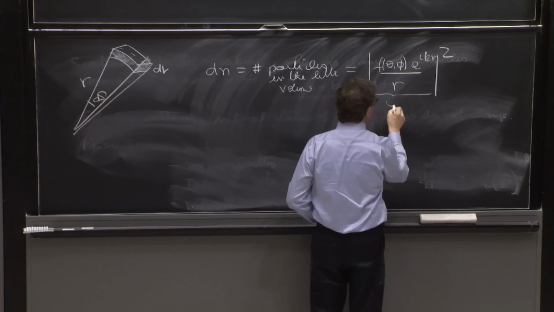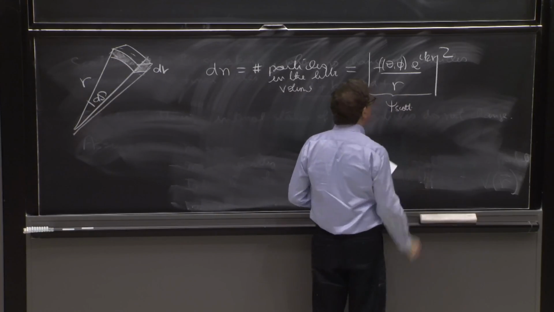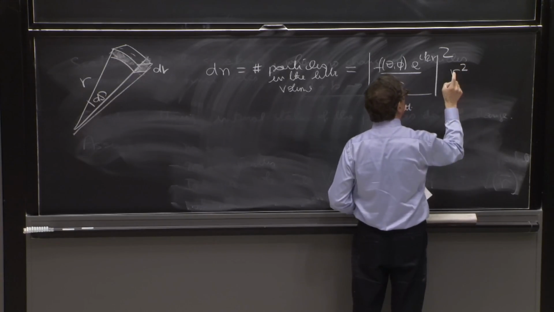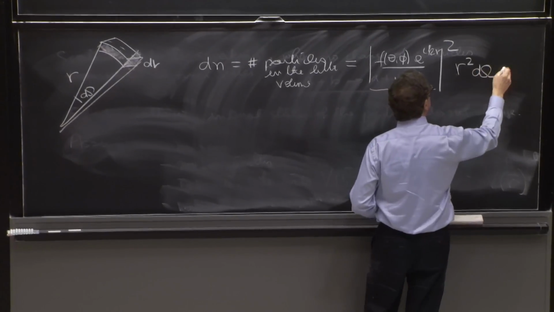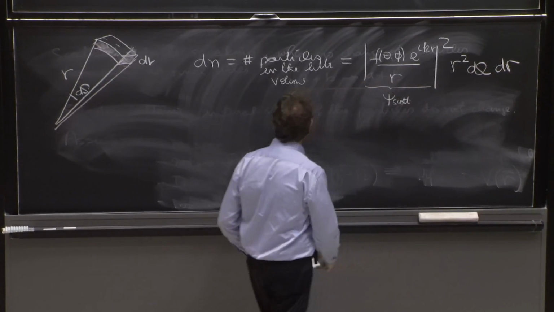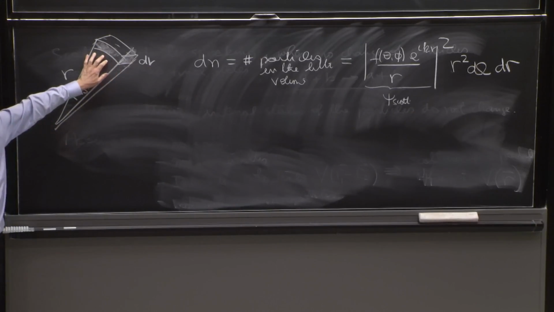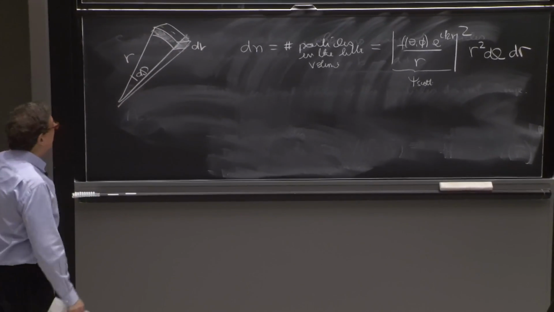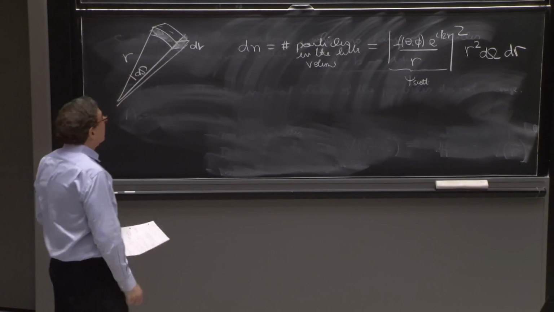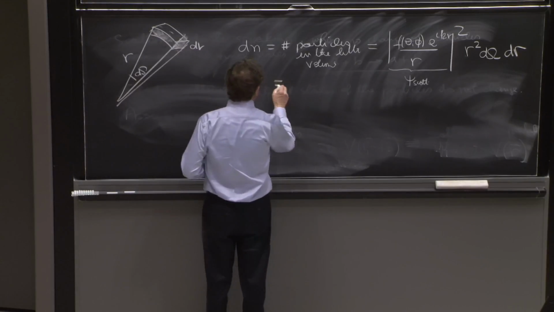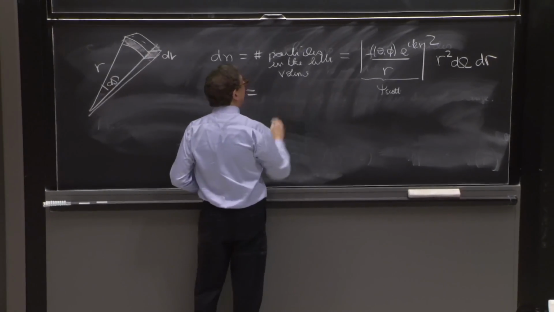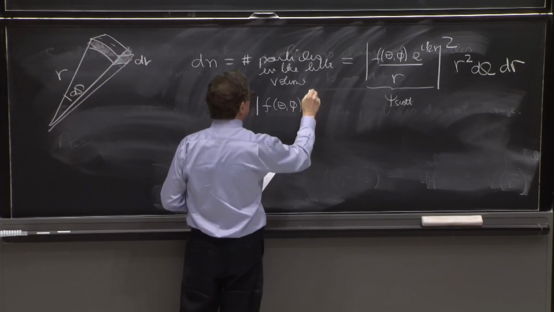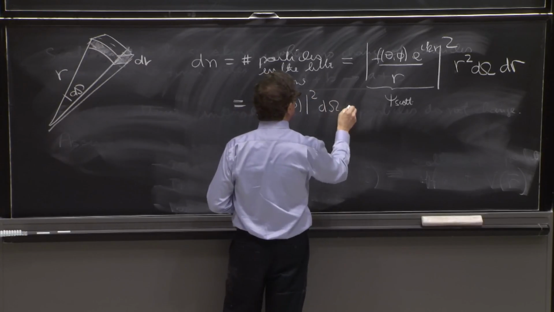That's psi scattered squared times the volume of this pillbox, which is r squared d omega times dr. R squared d omega is the surface area of that little box, dr is the little length there, and therefore we have that volume. So things simplify. dn is equal, therefore, the r squared cancels, and it's just f of theta phi squared d omega dr.